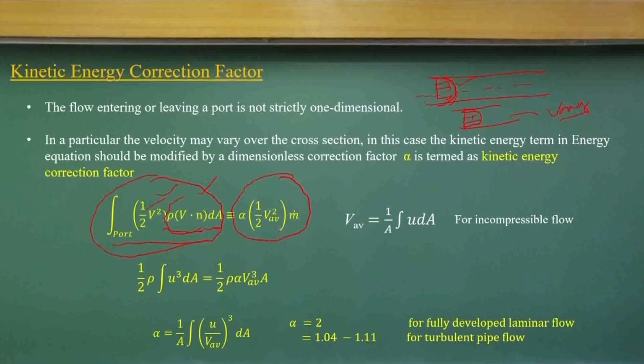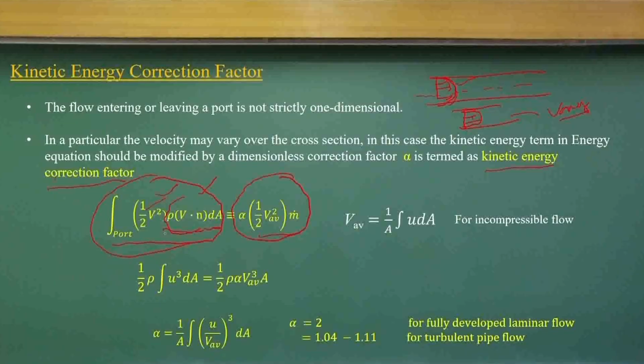If you compute the kinetic energy using the average velocity, we will have the kinetic energy computed using the average velocity times alpha. Alpha is the kinetic energy correction factor. Basically, it indicates that if you compute the kinetic energy based on the average velocity, then what would be the correction factor for non-uniform velocity distribution in the particular flow field condition.